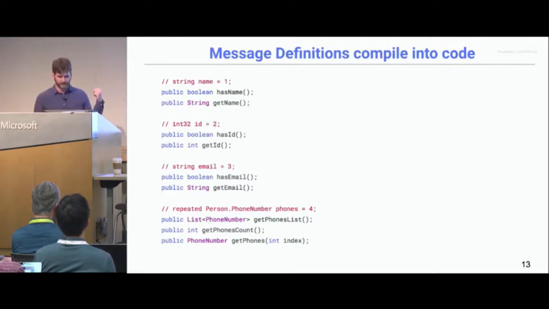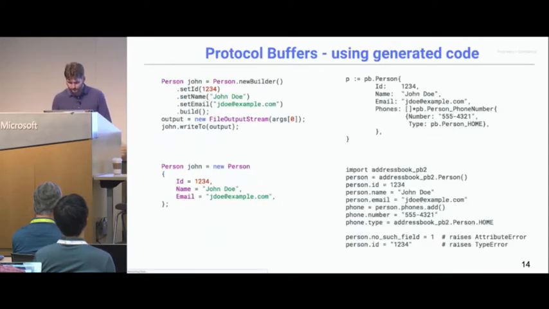These messages are then taken and compiled into code. When I say that it's language agnostic and type safe, what I mean is you get these accessors, setters, and getters. This example is Java here, where you see that all of those fields get turned into well-typed messages, well-typed functions on the data.